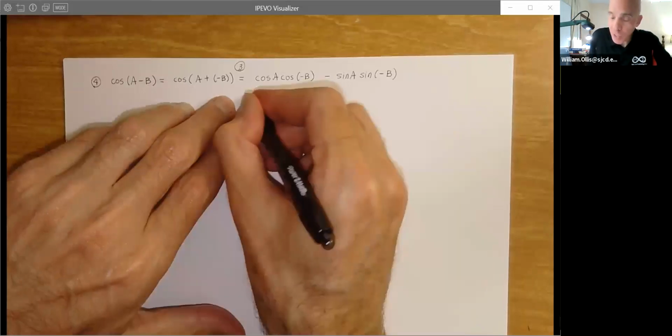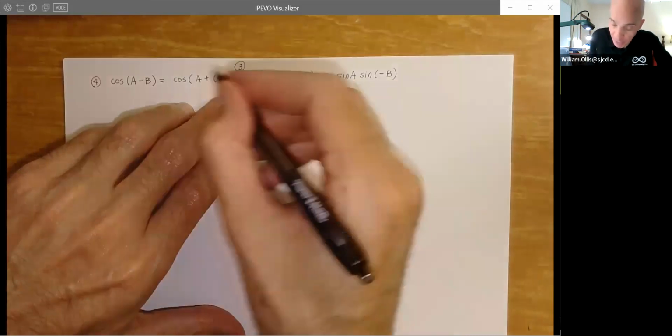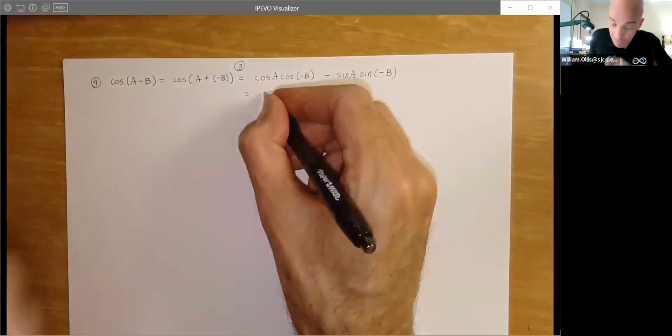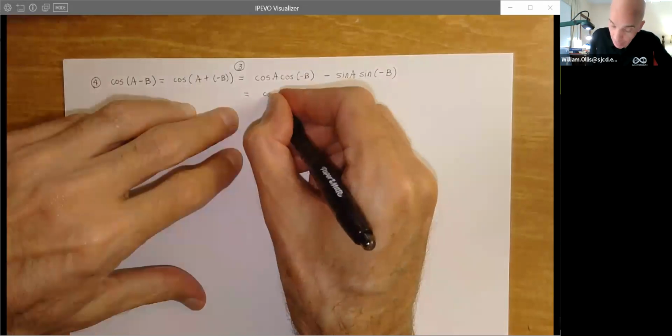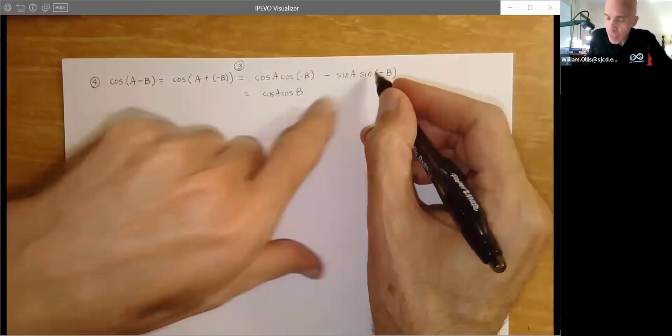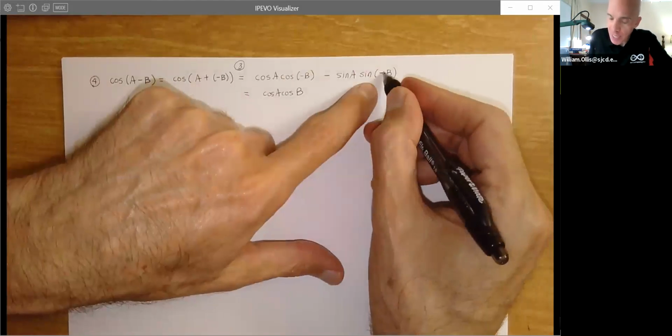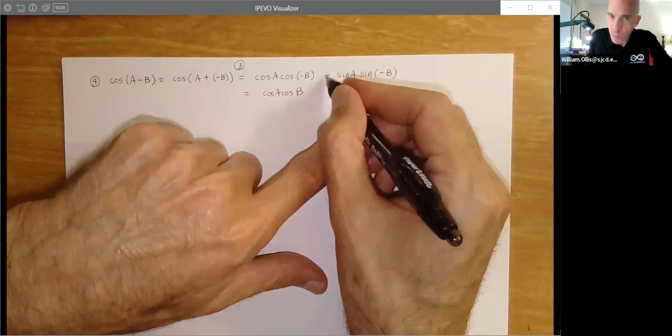The cosine function is even, so the negative absorbs, like we did with the negative A on the unit circle. So this will be cosine A cosine B. And here the sine function is odd, so the negative can come out front, but then it will absorb the negative here.